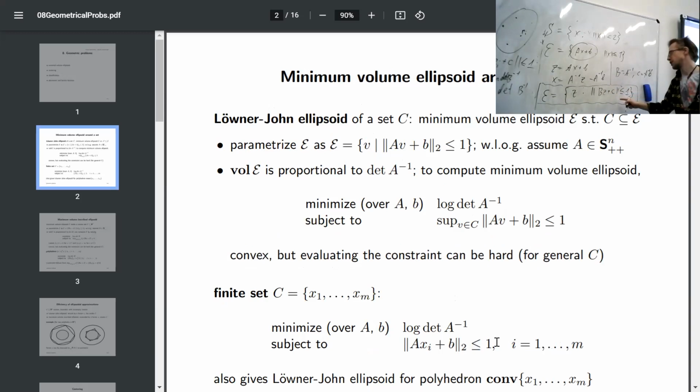Our ellipsoid is described such that it will be 1. We can put any number here. It will just change B. Make sense? Can multiply, put 2 here and 2 here and 2 here, something like this. I don't want to be rash, but you can multiply both sides by the same number. It's a convention.